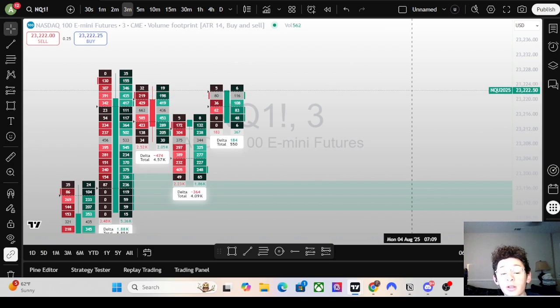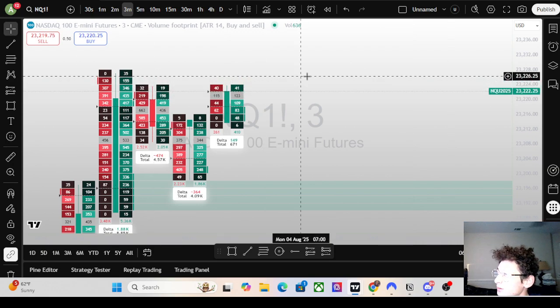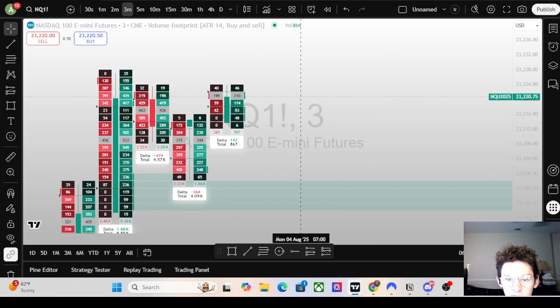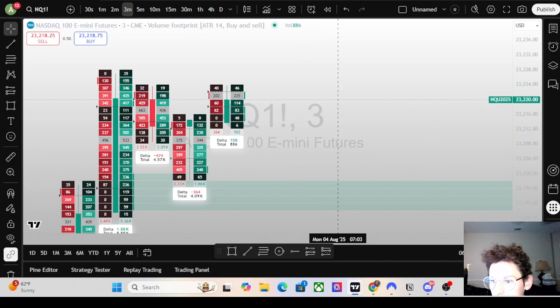I am targeting about 100-ish points. See how it works.